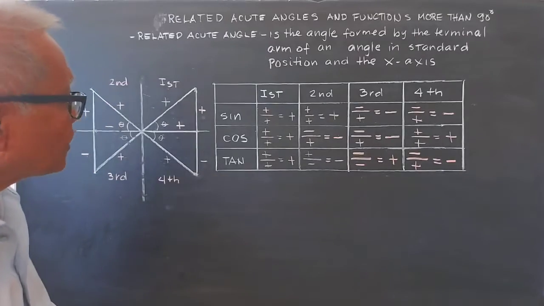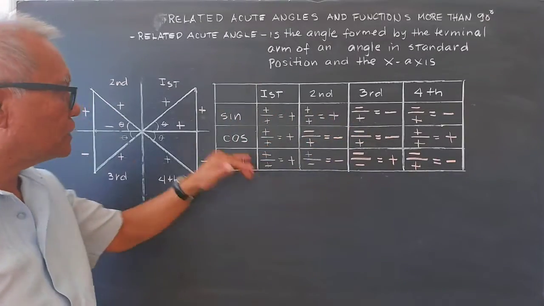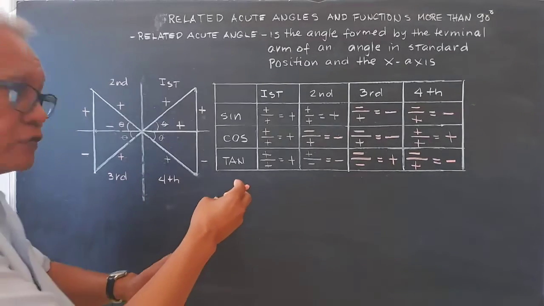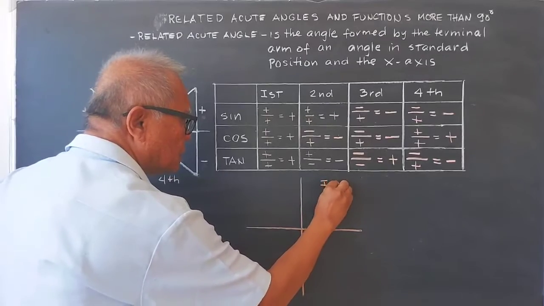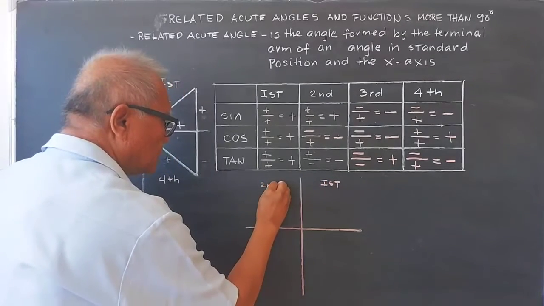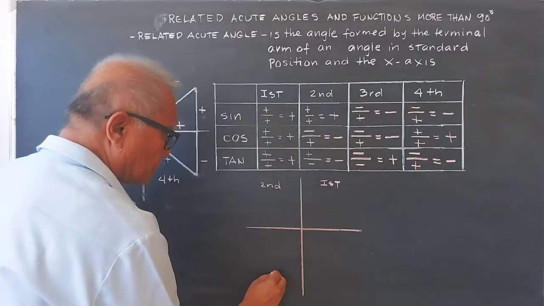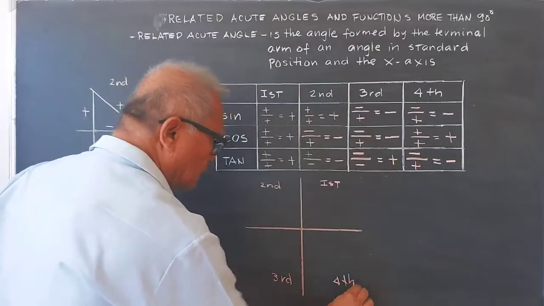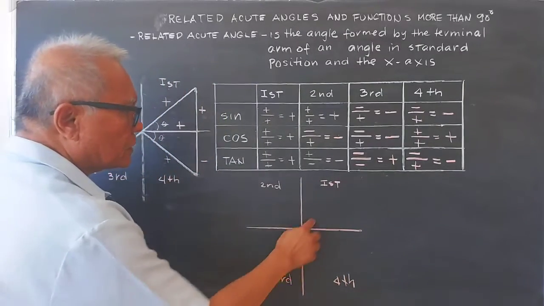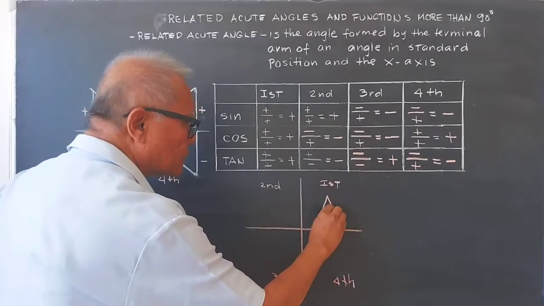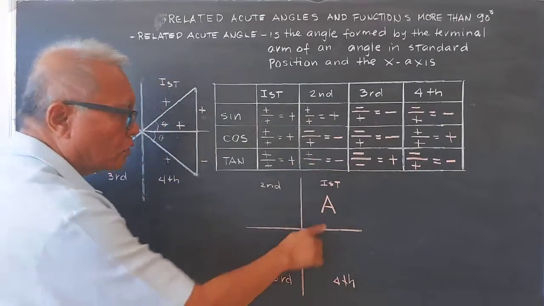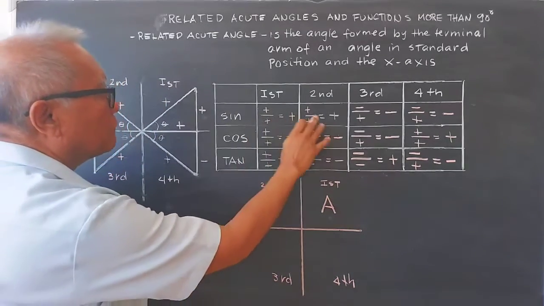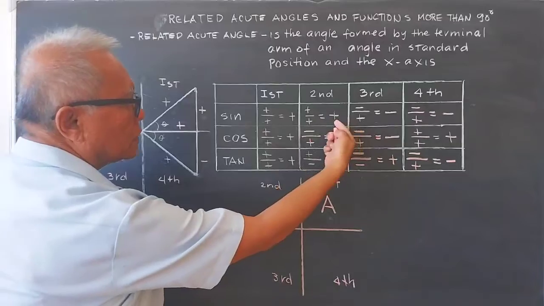Now, to easily remember the signs of these three functions in the first, second, third, and fourth quadrants, you just always remember that in the first quadrant all functions are positive. In the second quadrant, sine is positive.